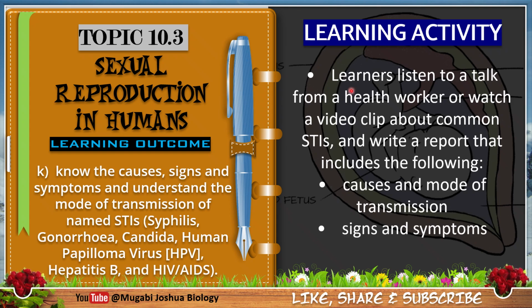We have been looking at the learning activity. Learners listen to a talk from a health worker or watch a video clip about common STIs and write a report that includes the following: causes and mode of transmission, signs and symptoms.